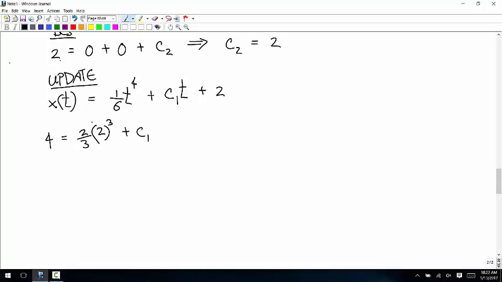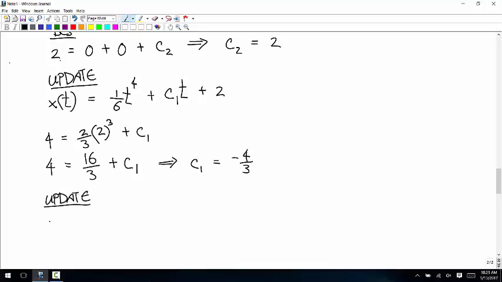And so 2/3 of 8 is 16/3. So 4 is equal to 16/3 plus c1. So c1 is minus 4/3. And now we can give the final update.